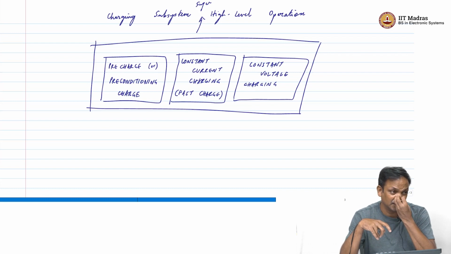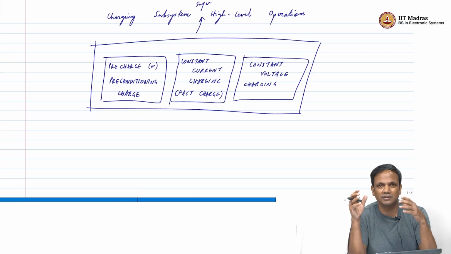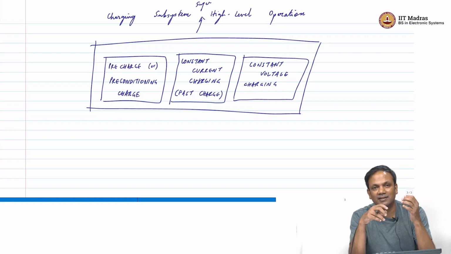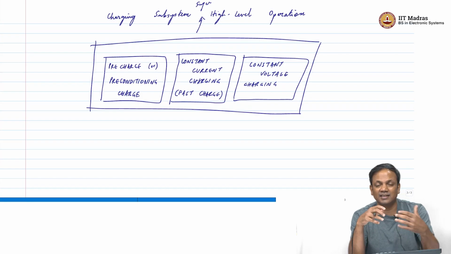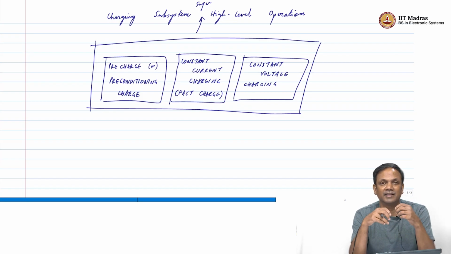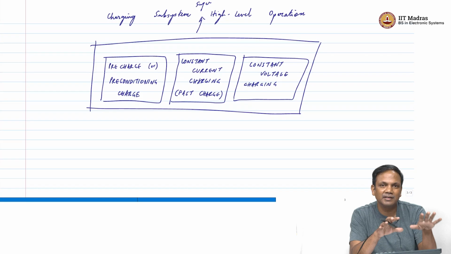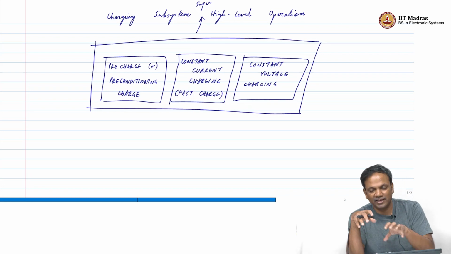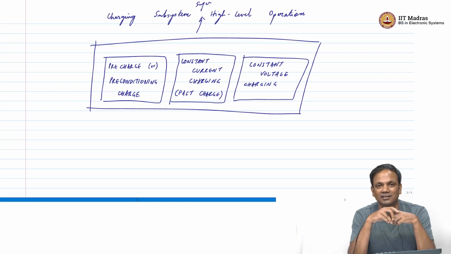And you might have seen this, right? Suppose you let your phone go all the way to 0. You completely drain the battery, then as soon as you plug it in, it doesn't immediately start charging, or even if it starts charging, it doesn't immediately display the phone percentage to you, because it is going through a state of ascertaining that, okay, my battery went into sleep, let me nudge it awake first before I actually start to give it lots and lots of current. So, that phase is called a pre-charge or conditioning charge.